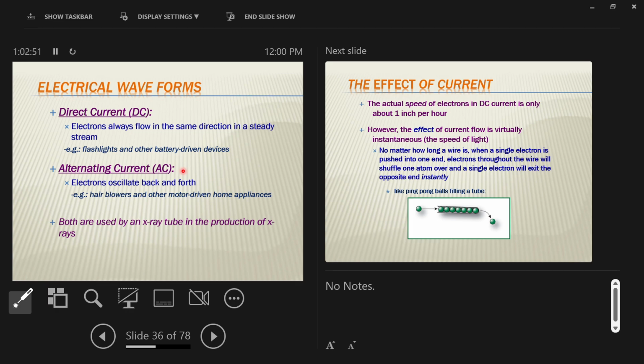That way at no time do you have to move them all in one direction, and you're not beholden to the resistance of this long wire, okay? The resistance part of it is not important now, okay? The house far away in alternating current is going to receive the same power as the house close by with an alternating current.